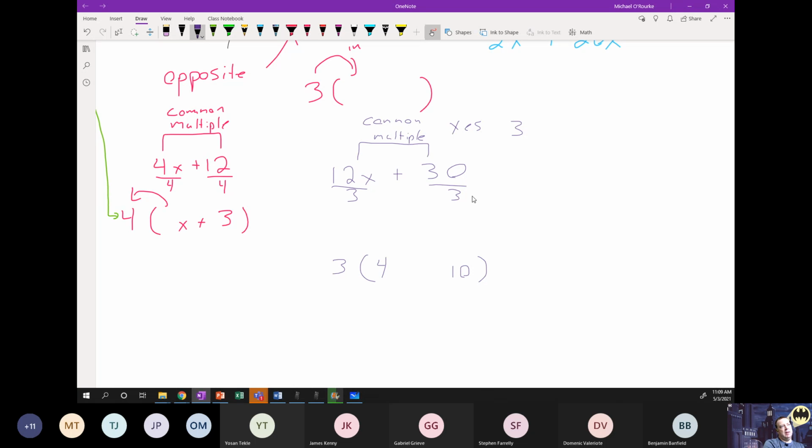Now the second step is, is there a common variable? In this case, no. Right, so we're just going to leave the variables alone. So this here is the common factor of this original question, because if I distributed, I'd end back up with the original equation.